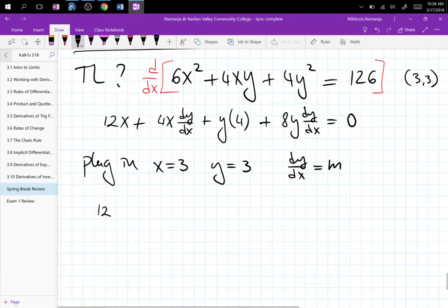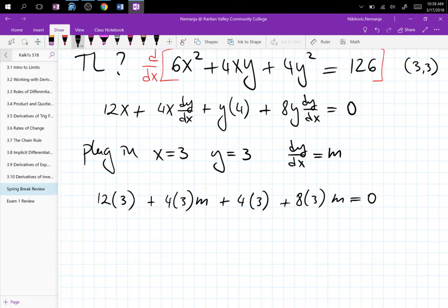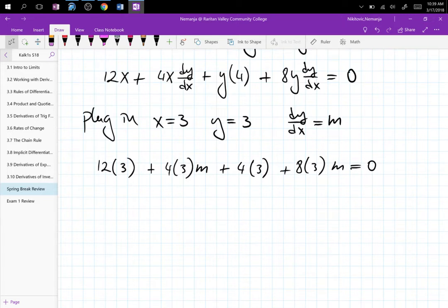So what do I have? I have 12 times 3 plus 4 times 3 times m plus 4 times 3 plus 8 times 3 times m is equal to 0. See, it's simplified. So I have 36 plus 12m plus 12 plus 24m equals 0.